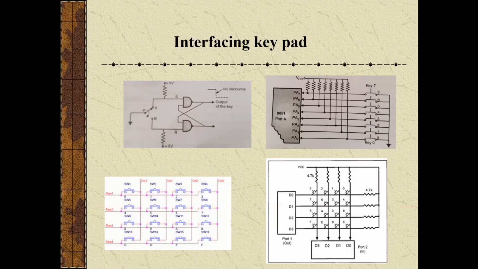When the key makes contact with B, the output changes from logic 0 to logic 1. Whenever the switch is connected to A, a high output is available. Whenever the switch is connected to B, no low output is available at the output.